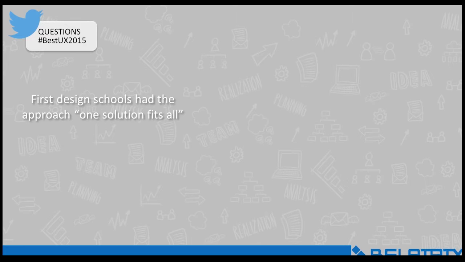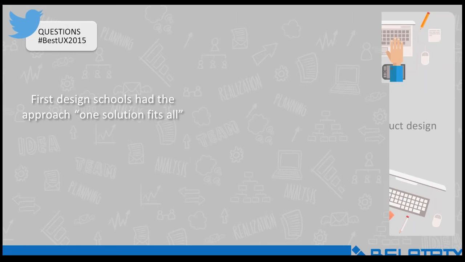So although UX is a new and independent discipline, it is related to design, and to understand it better, we have to know a little bit the evolution of design itself. The first design schools used to teach design as a whole, one theory for all of them to apply into the different areas, but as industries grew and got a lot more complex, they demanded a lot of specific knowledge in several distinguishable areas.